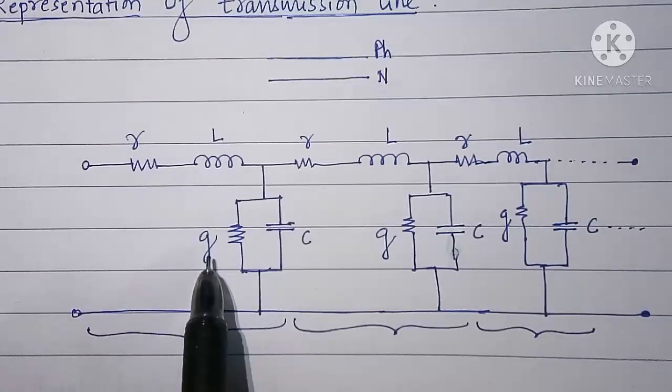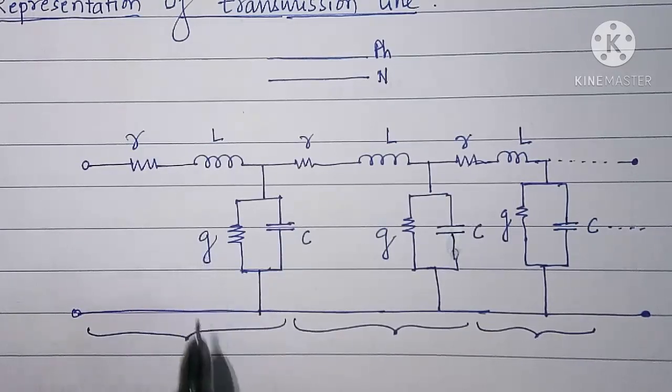The conductance of transmission line represents leakage loss at the insulators of the supports. We have studied that insulators will be having some capacitance, and over the surface of insulators a very small quantity of current will be flowing, which we call as leakage current.